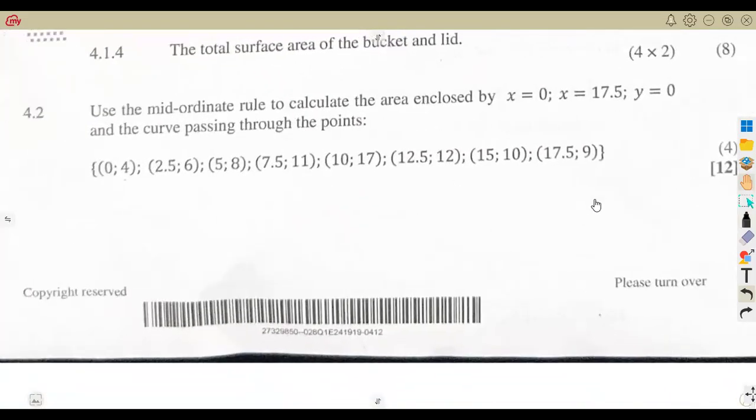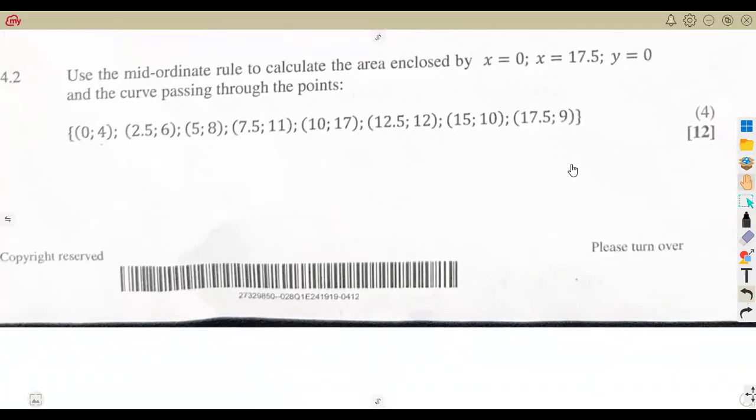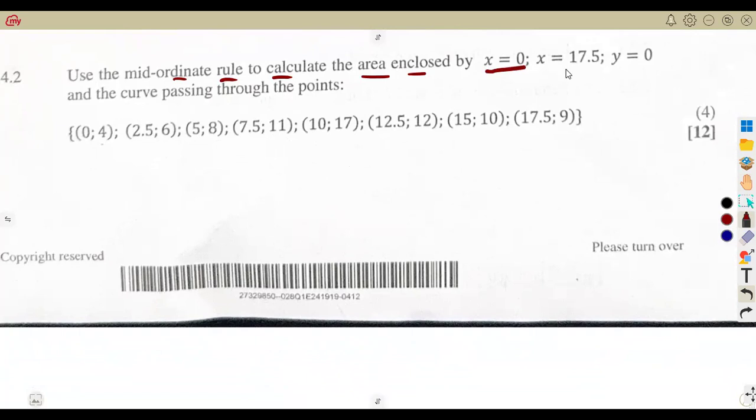Then on another part of question 4.2, you're asked to use the mid-ordinate rule to calculate the area enclosed by x is equal to 0, x is equal to 17,5. That is from here to here. So remember that your area, this one is just direct, guys.